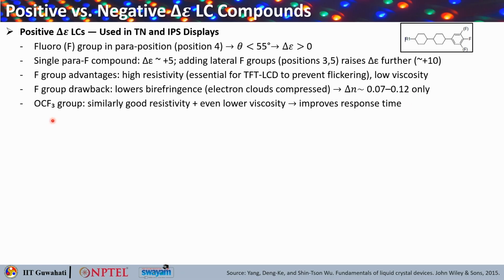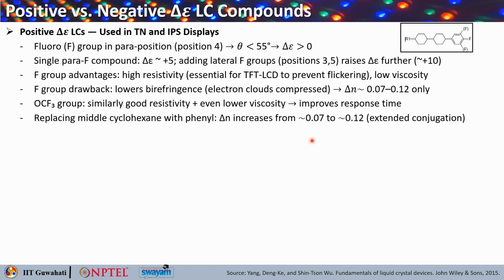Okay. Similarly, if you look at OCF3 groups, they have good resistivity plus even lower viscosity. So, that can be useful for improving the response time. However, replacing the middle cyclohexane with phenyl can actually allow improving this delta n from 0.07 to 0.12.